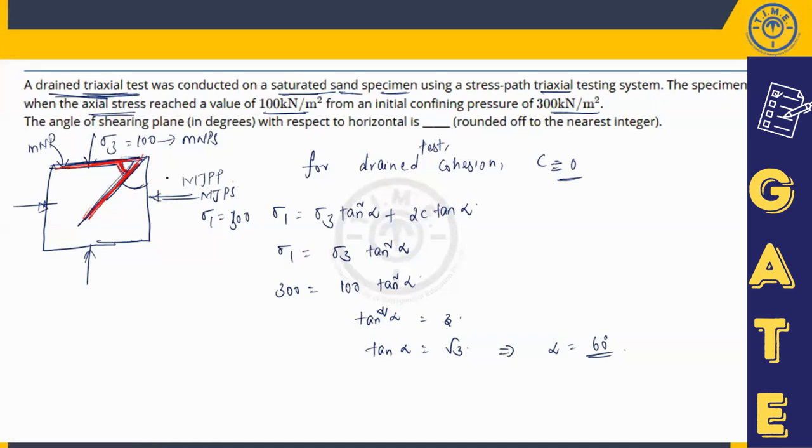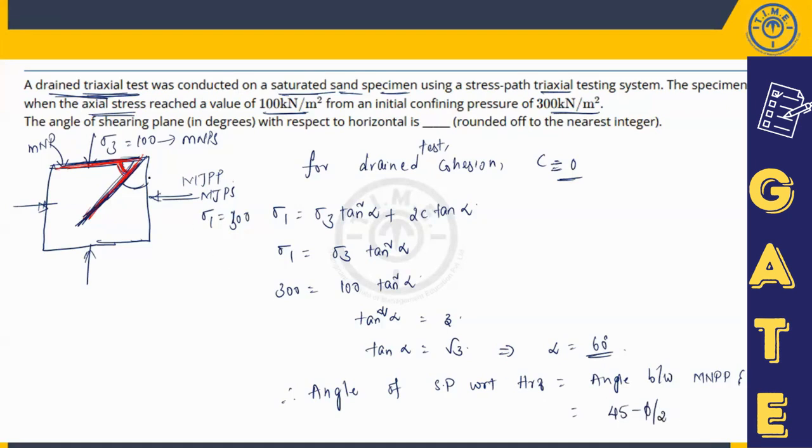Therefore, the angle of shearing plane with respect to horizontal is the angle between the minor principal plane and failure plane, equal to 45 minus phi by 2.